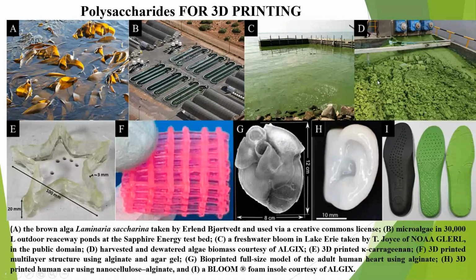The pictures below clearly explain a bioprinted full-size model of the adult human heart using alginate. Alginate is a compound predominantly present in brown algae, so they are using alginate to make an adult human heart sized model. And the last one is a 3D printed human ear using nanocellulose alginate.